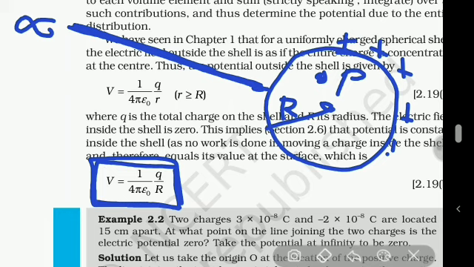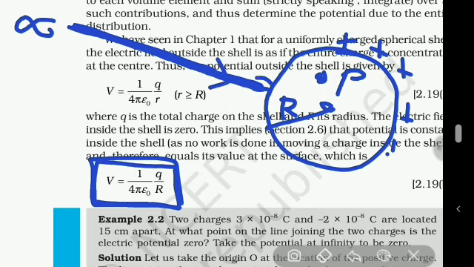For a unit charge we use the word potential, and for any other charge, not a unit charge, we say it is potential energy. But here it is a unit positive charge, so we are using the word potential.